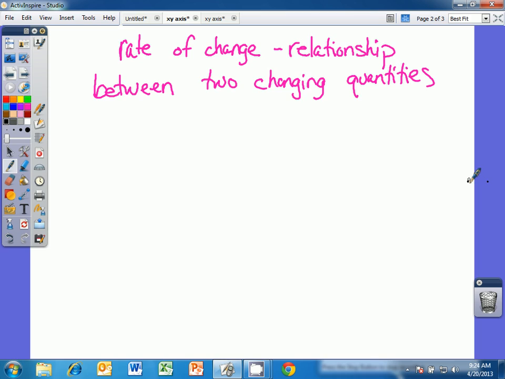We're going to talk today about rate of change, which has been defined as the relationship between two changing quantities. And we have found that this also is another name for slope of the line.